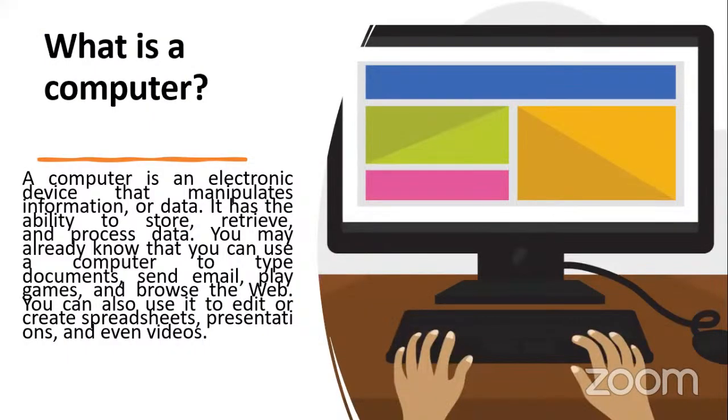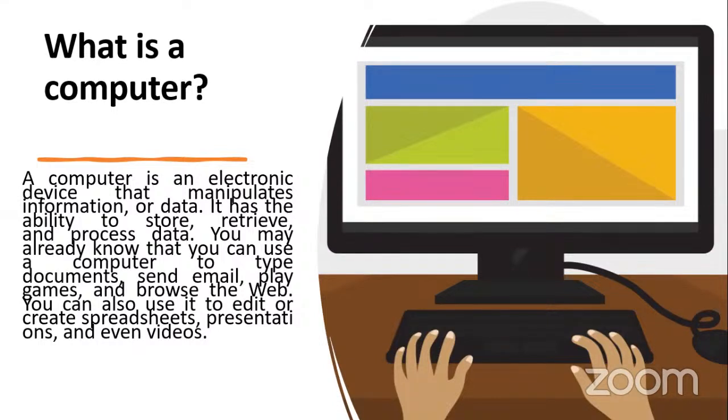Now, before we start, what is a computer? In layman's language, what is a computer? Some people will say it's a machine. Of course, it's a machine, right? It's an electronic device that is used to turn information or data, right?